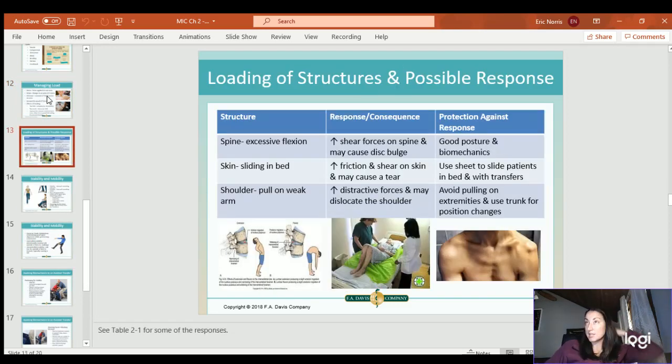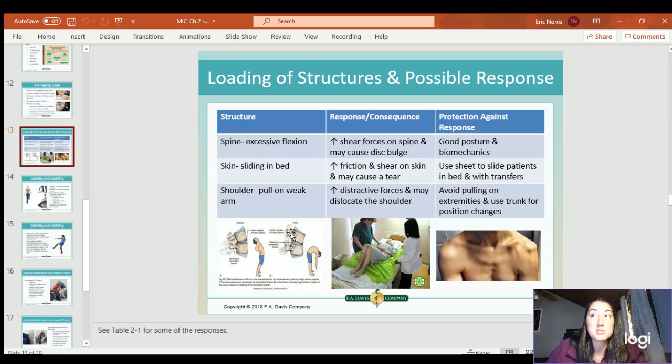Here are a few examples of loading structures and what it would do if the loading went wrong. So one example is the spine. If you excessively flex the spine, so if you're always sitting in a hunched over position and you lift too much weight in a flexed position, it increases the shear forces on your spine and may cause a disc bulge.